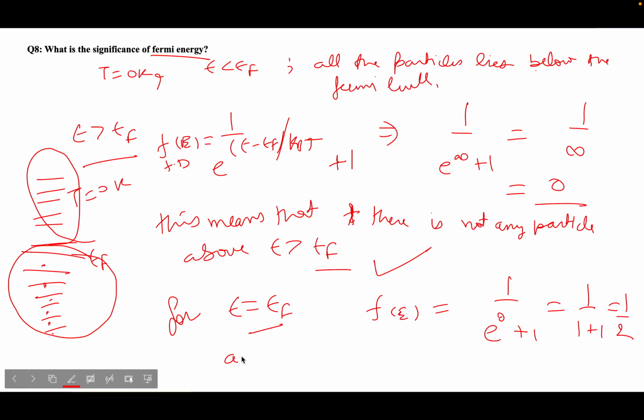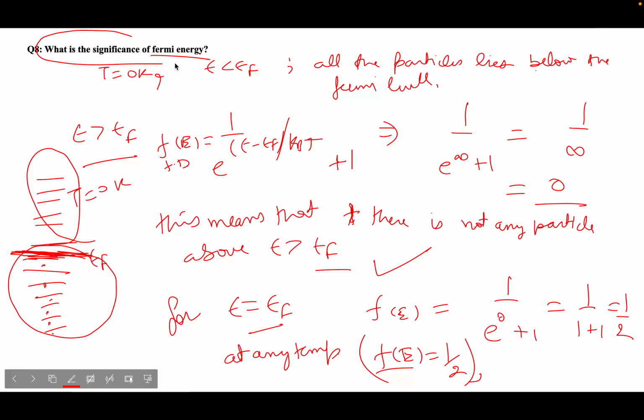At any temperature, F of E is equal to half. This implies that the probability of finding the particles at this Fermi level is half. So this is the physical significance of Fermi energy.